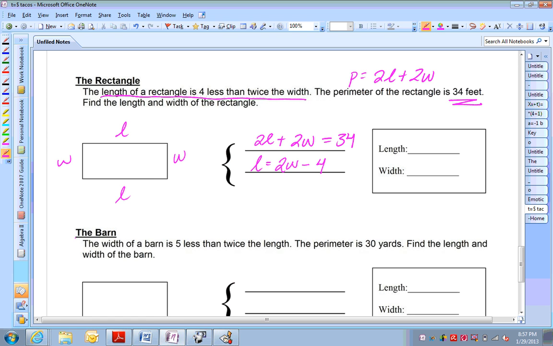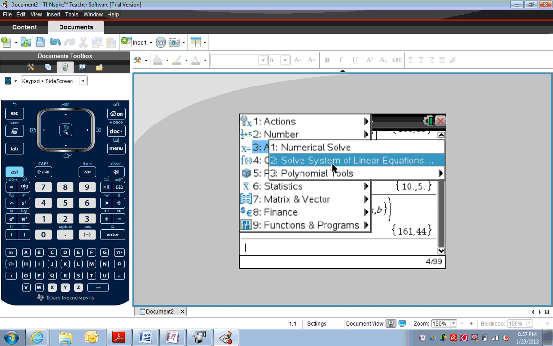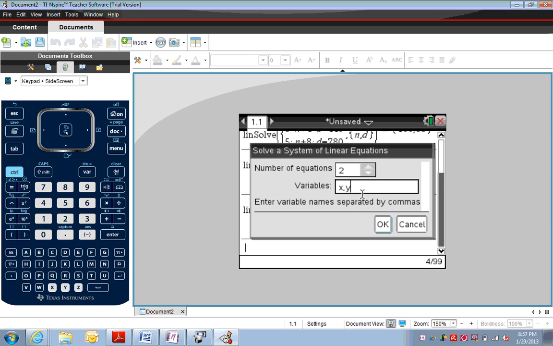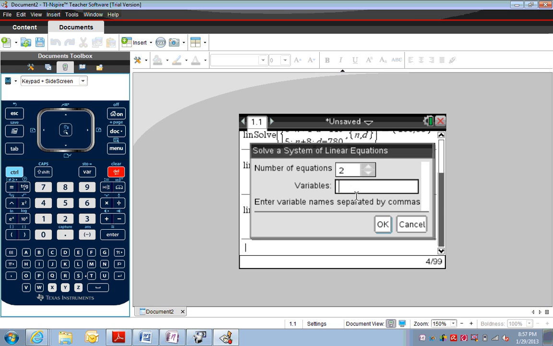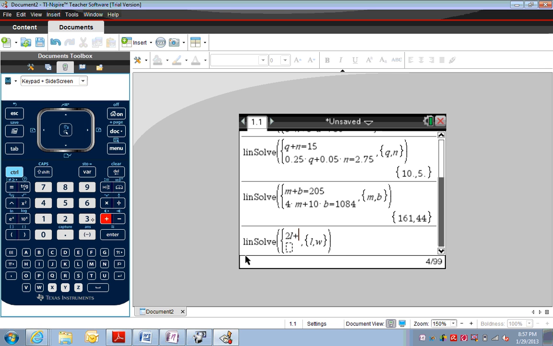Alrighty. So now we can go ahead into our calculator and type in the system of linear equations since they didn't specify the way they want us to solve it. So, menu, algebra, solve systems of linear equations. We're using L and W. Hit OK. And then type in the equations. 2L plus 2W equals 34.